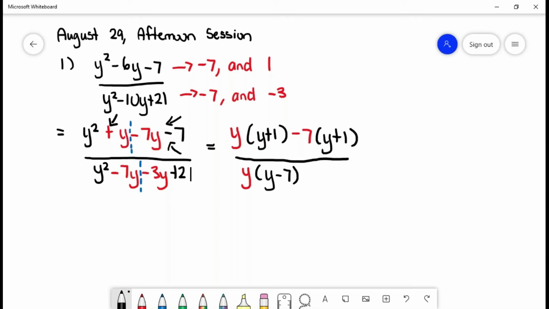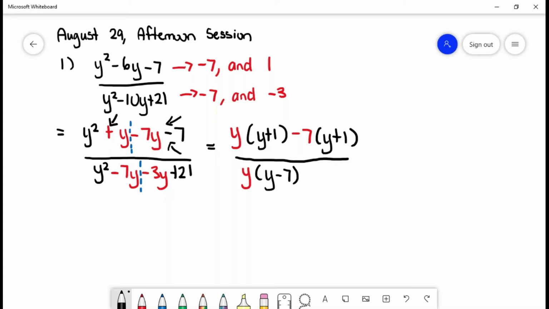Over here, we factor out the common from minus 3y plus 21, which is what we have here. So we're going to factor that out, and the common is -3.